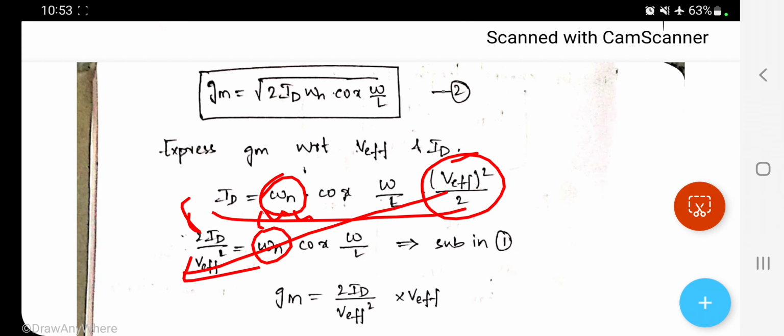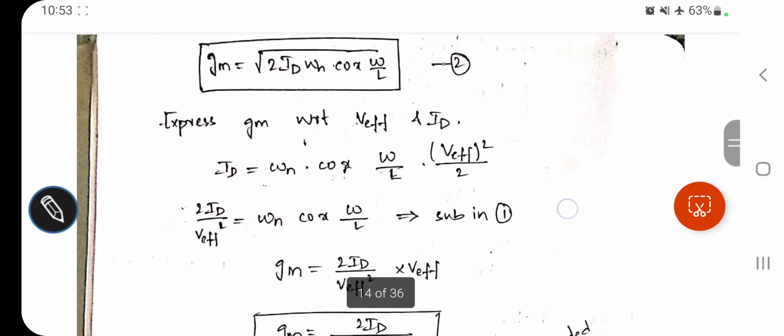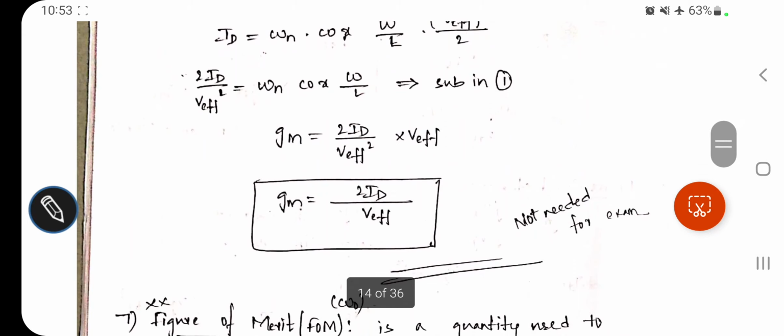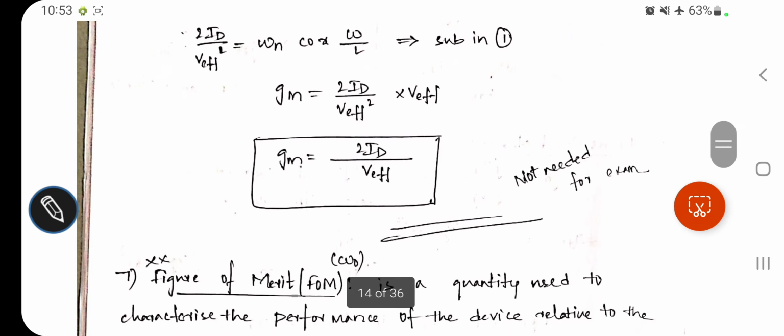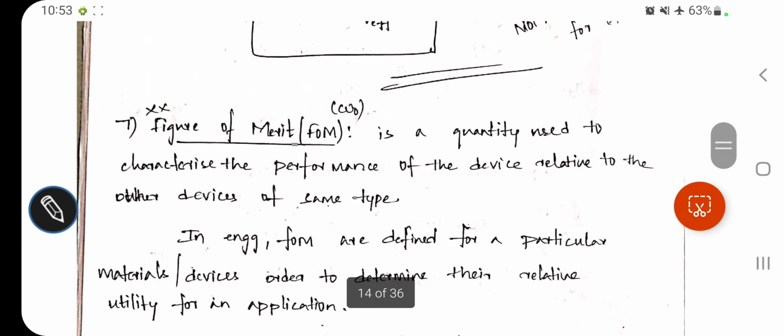Now mu n into COX into W by L is nothing but GM, as we have seen earlier. If you substitute, we get transconductance GM equals 2ID by V effective, since one V effective will get cancelled. This is not so important for exams, but you should have an idea.